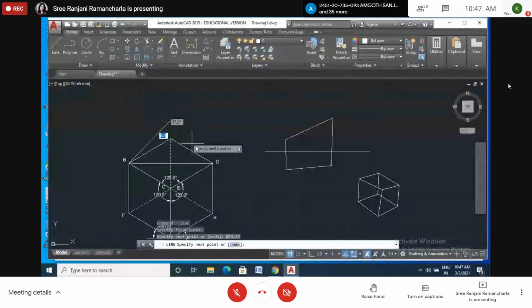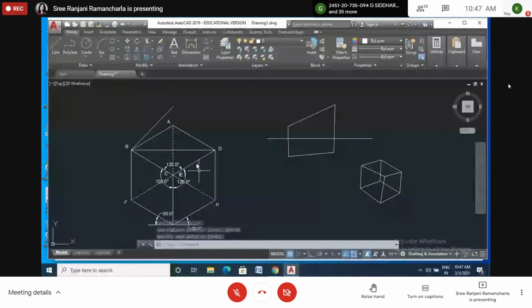Then again I want to draw another line here, so I will make it a mirror. This base A, B, C, D is not a rhombus, so I am making it into the actual shape.